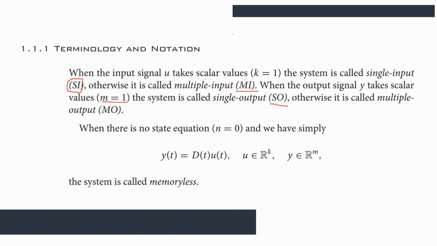So when there is no state equation and we have simply the output equation, then the system is called memoryless. So in the case of absence of the state equation, जिसमें x की value mention होती है, if we have only the output equation, which is the relation between the input and the output, there is no state inside.